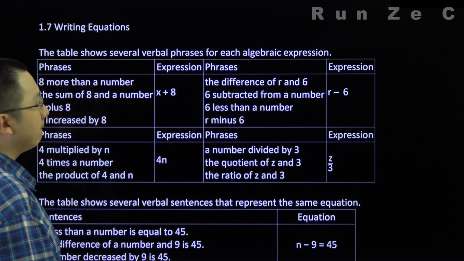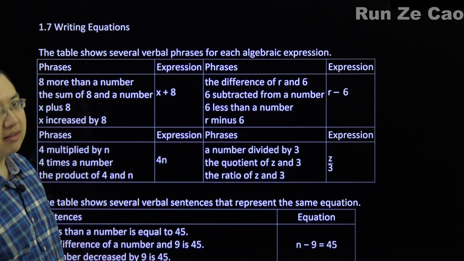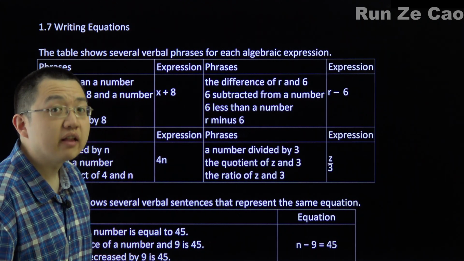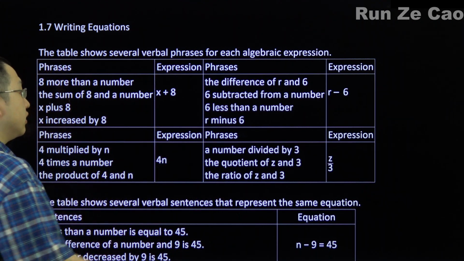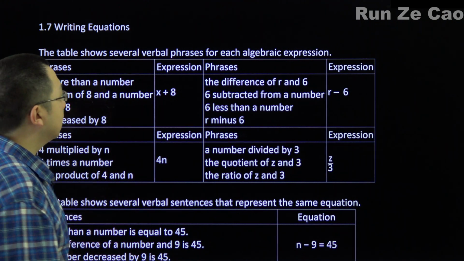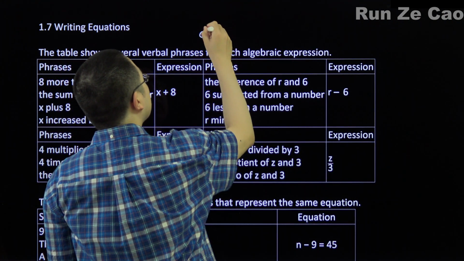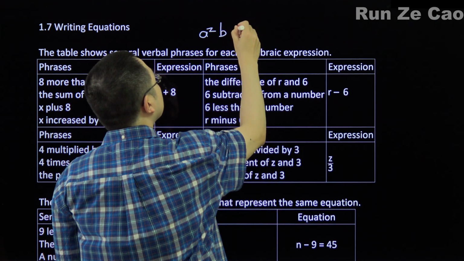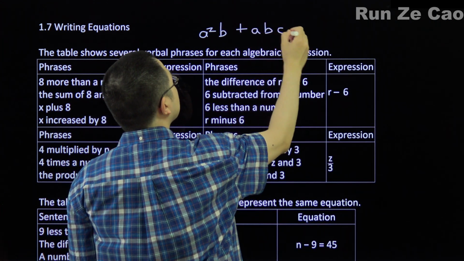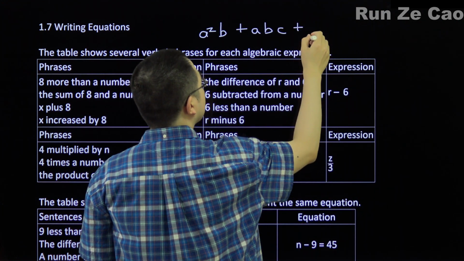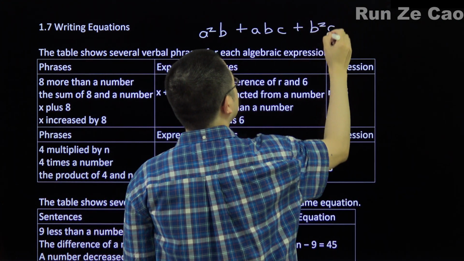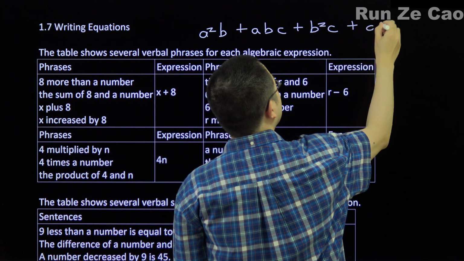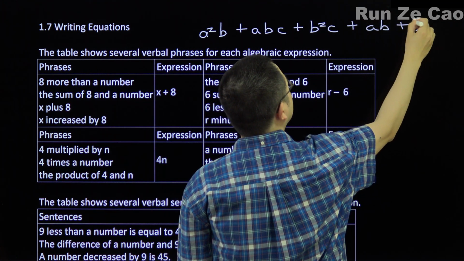Part of that's the algebraic conventions, which are that variables, especially higher degree variables, like say if you have a squared b plus abc plus b squared c plus ab plus 5.